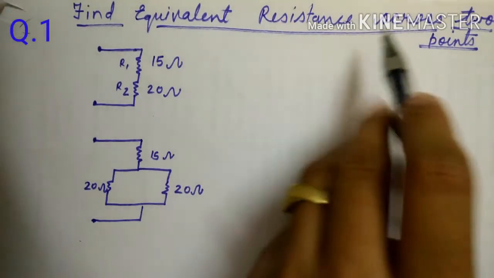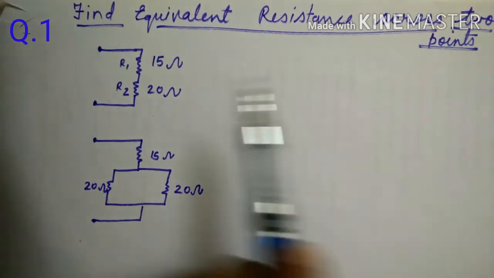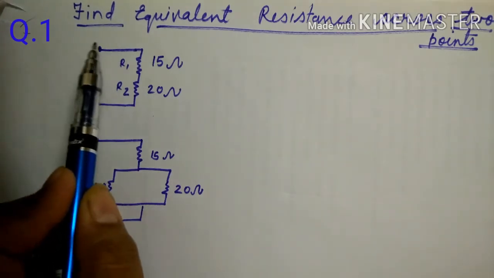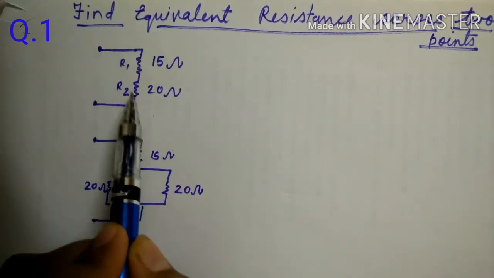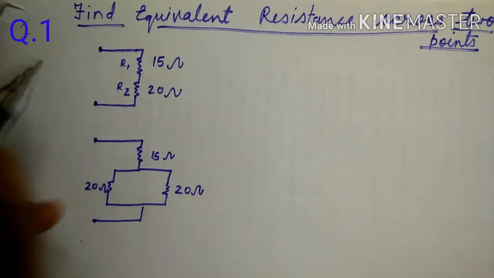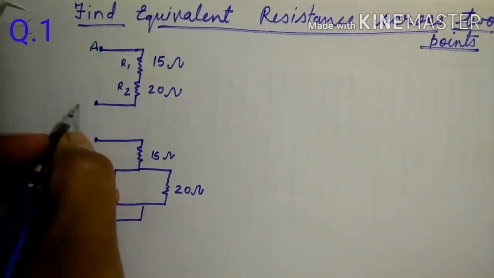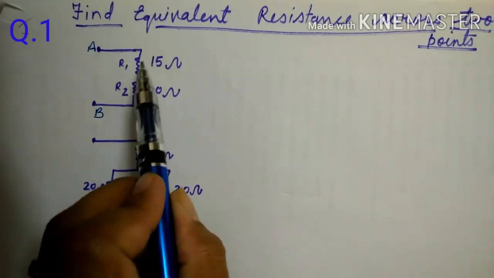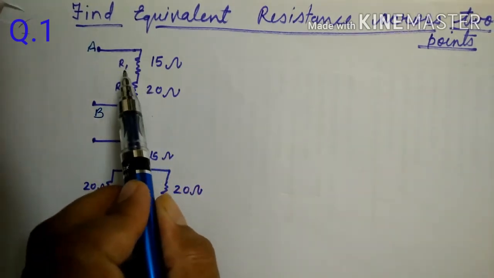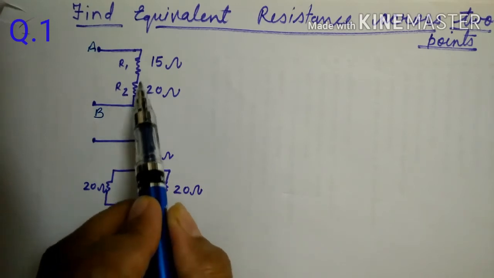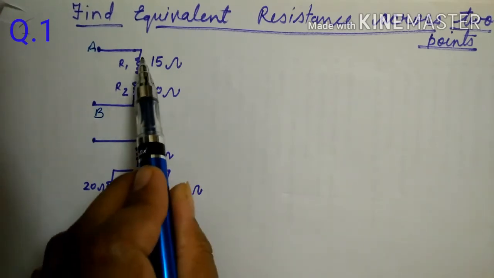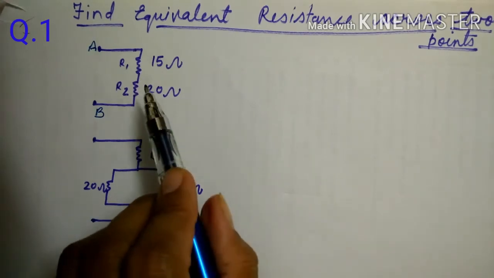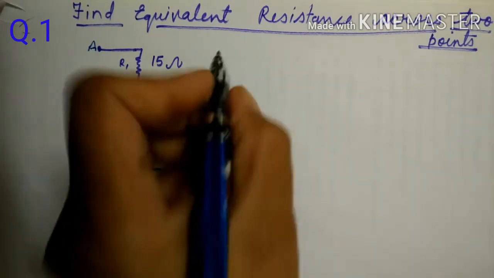Find equivalent resistance across 2 points. Here we have one circuit. We want to find the equivalent resistance of this circuit across point A and point B. Now see, we can see here that resistors R1 and R2 are attached in series combination, so the sum of these two will be their equivalent resistance.